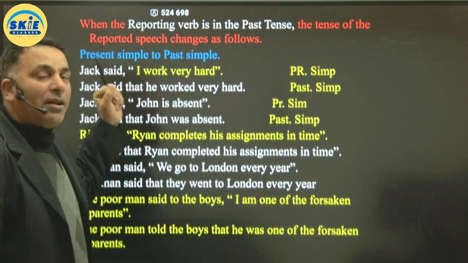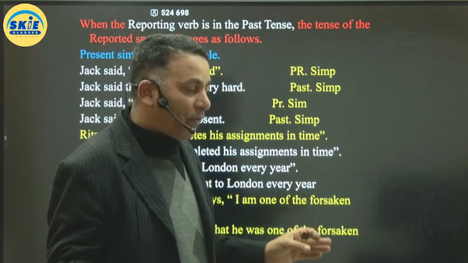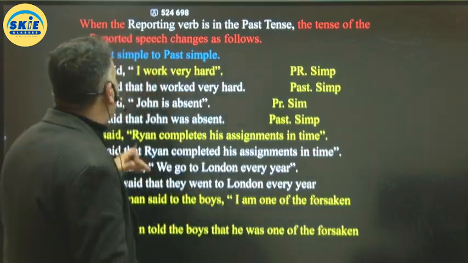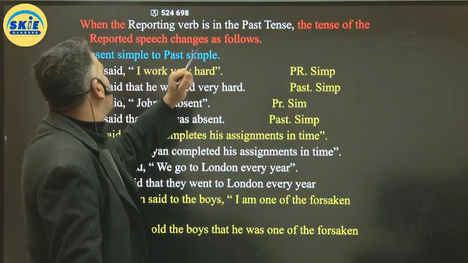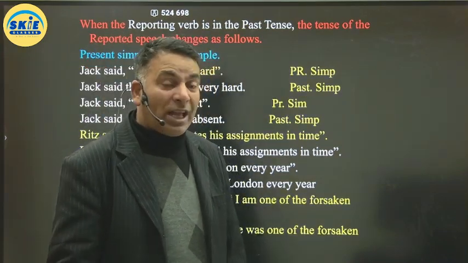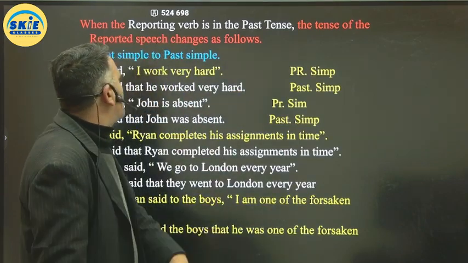But here begins the actual change affair. Where and how do the changes take place? When the reporting verb is in the past tense, the tense of the reported speech changes.